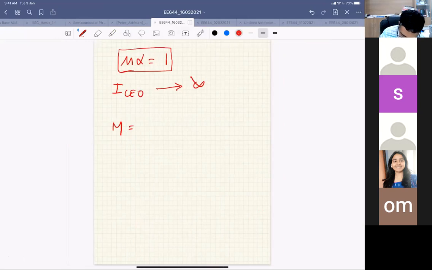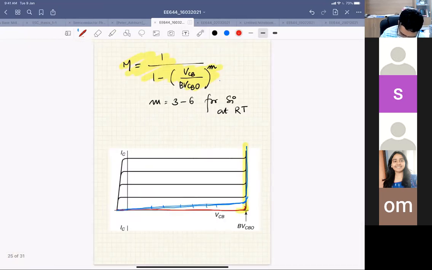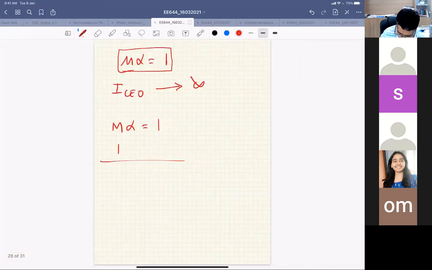So M alpha equal to 1. I could write M; I had defined M earlier. So M is nothing but 1 over 1 minus (VCB over VCBO) to the power n, and M times alpha becomes 1.